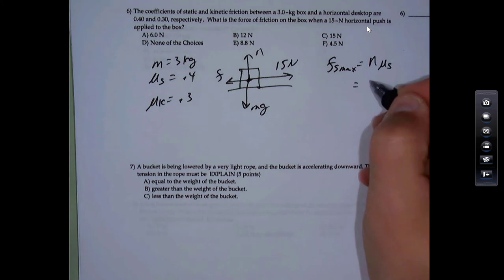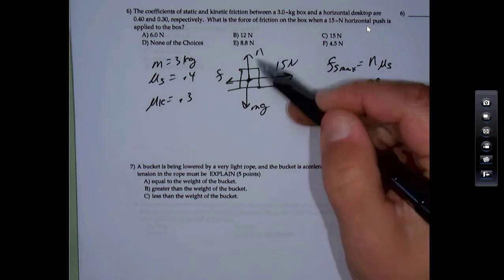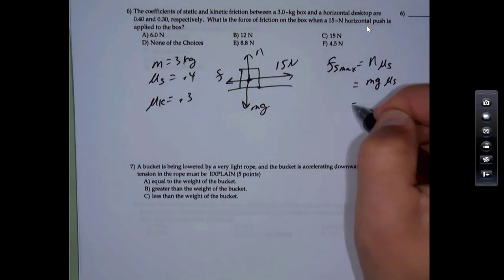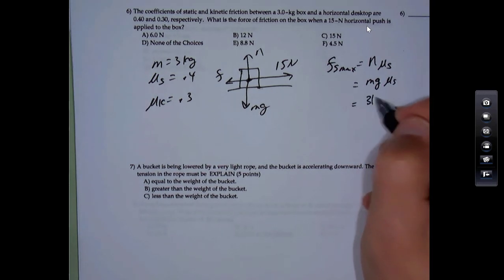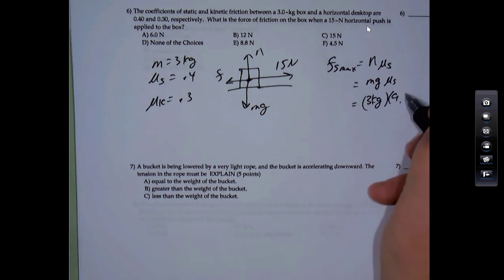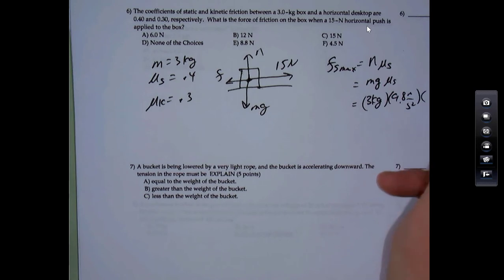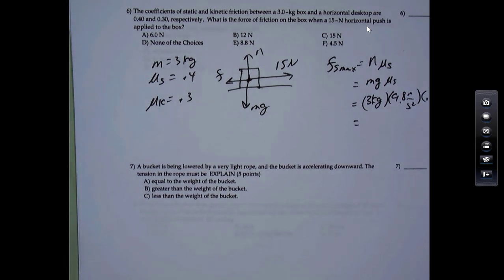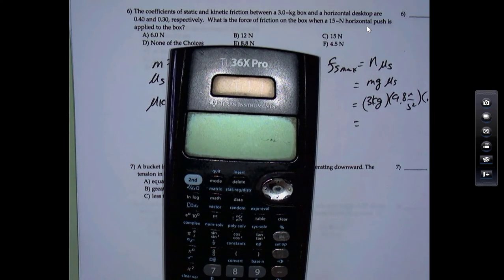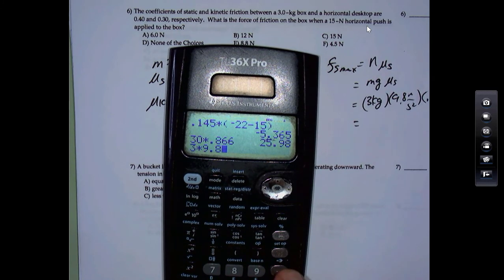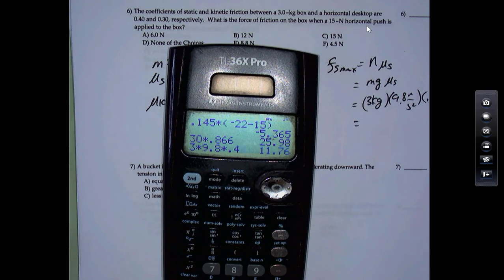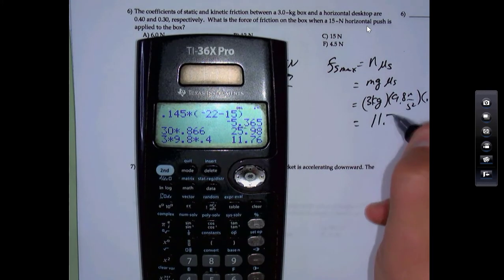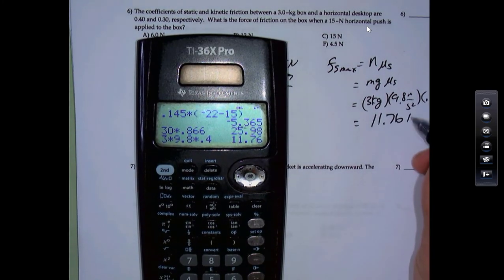The normal force in this problem is equal to mg. Okay, so the mass was 3 kilograms, 9.8, and then 0.4. Okay, let me find my calculator. Okay, here it is. 3 times 9.8 times 0.4. 11.76. That's the maximum amount of static friction.